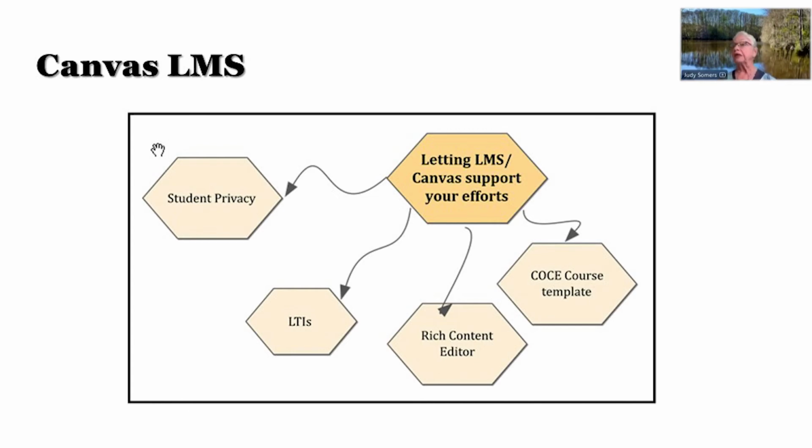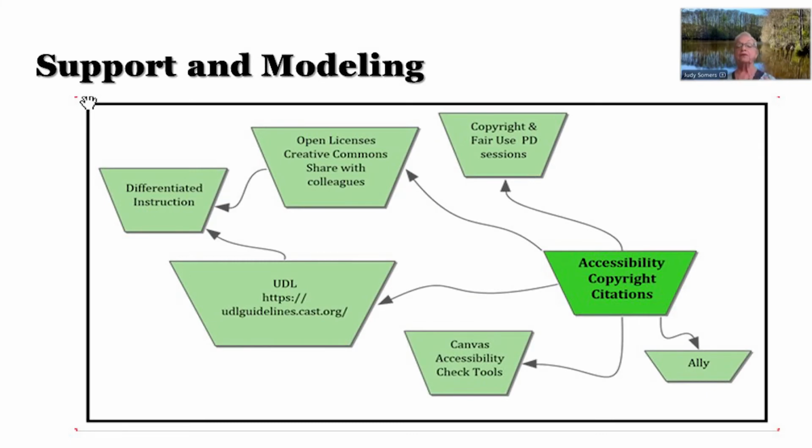If you're linking them out to another source, then be sure to include the privacy policies for any tool that is used. Within Canvas, we have the privacy policies listed under policies in the Start Here menu, the privacy policies for everything that we use within the Canvas course. So if you're doing anything other than those, then be sure to make sure that those policies are definitely available, which is other forms of support and modeling.